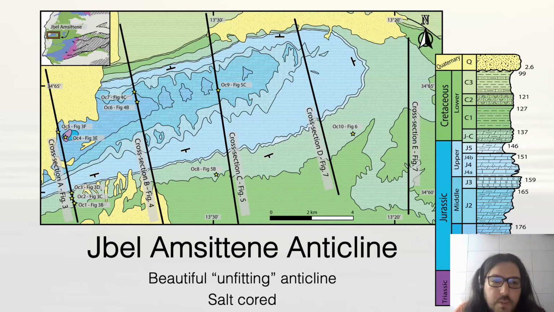The oldest formation, which lies in the core, consists of deltaic sandstones and evaporites from the Upper Triassic period, and you can see it here in pinkish. And this is followed by a complete sequence of Jurassic to Lower Cretaceous rocks that are then covered by the Quaternary deposits.